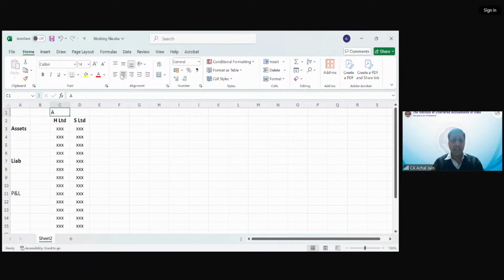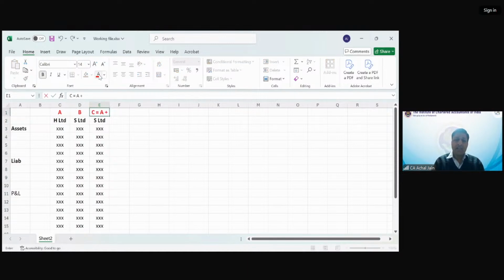So if this is A, if this is B, then your first step will be what? To add all of these together. So you will do A plus B. So this is going to be your first step.